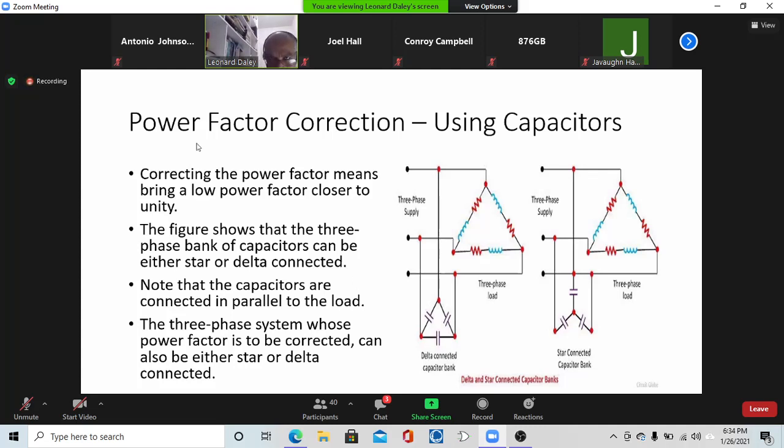All right, so correcting the power factor means bringing the power factor closer to unity, closer to 1. All right. And I think I was pointing out that the load can be either star or delta connected. It doesn't really matter. And the capacitors can be connected in a star or delta also.